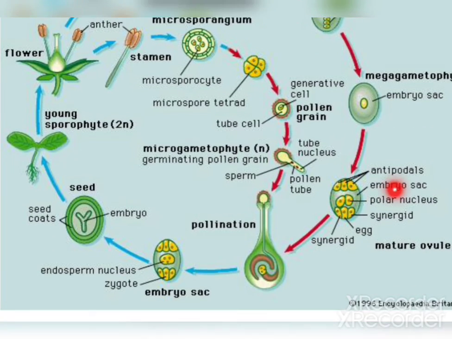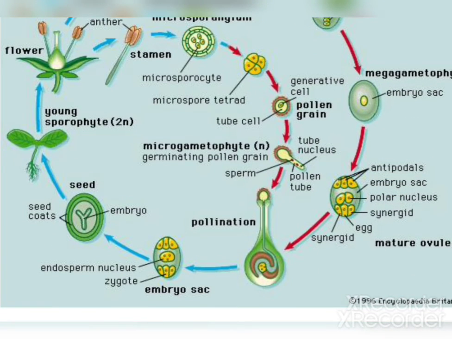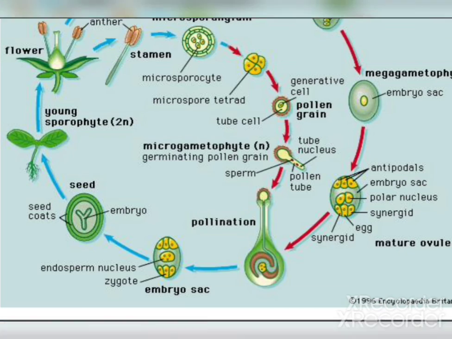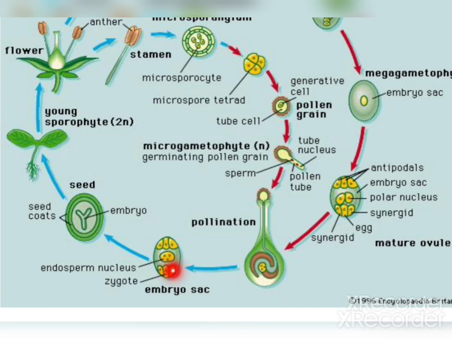Let us study the female structure, the megasporangium, and the megaspores are formed by meiosis. Can you see, these three are antipodal cells, this is the polar nuclei, this is the egg apparatus, two synergids and the center egg, seen inside the embryo sac. When the pollen tube reaches the embryo sac, fusion occurs at the center, that is the primary endosperm nucleus, and with the egg it forms the zygote.